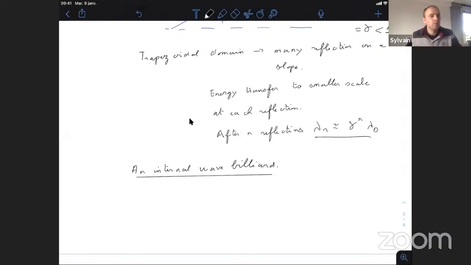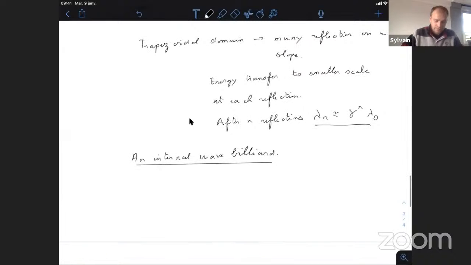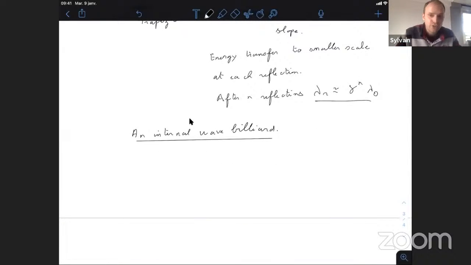I will do a more quantitative analysis of this parameter in this lecture. But that's the crucial parameter that has to be taken into account, the viscosity. First, I will just explain the transfer mechanism to smaller scale, and I will come back to the viscosity later.